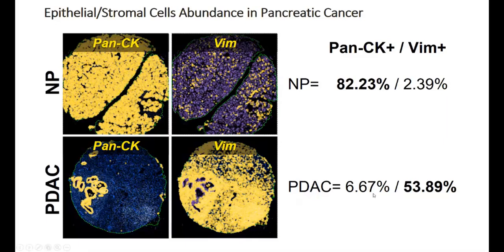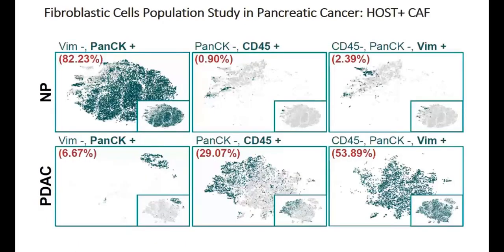We have this amount of epithelial cells versus this amount of fibroblastic cells. And when we look at the normal tissue, this ratio is completely inverted. This is the regular, the biological, physiological, actually, architecture of the tissue.